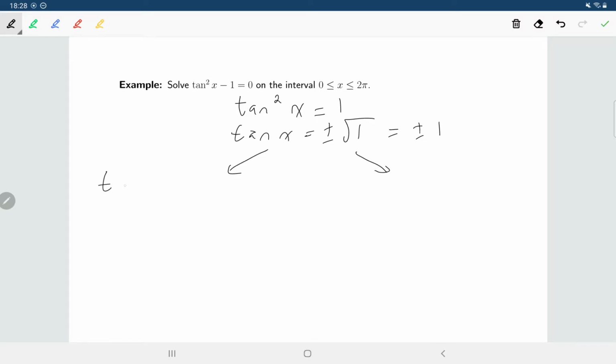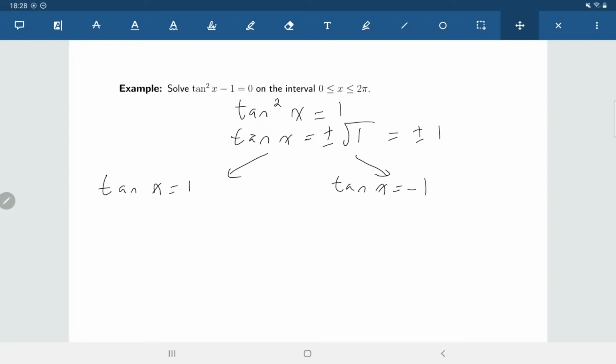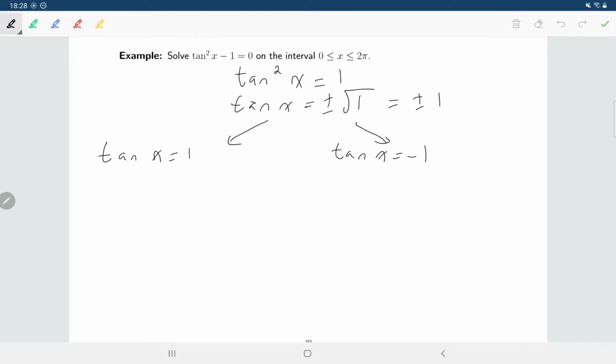One of them would be looking for the solutions for where tangent of x is equal to 1. The other would be looking for solutions for where tangent of x is equal to -1. And these are not too difficult for us to find. For the first one, where is tangent of x equal to 1, that would be looking for x to be tangent inverse of 1.